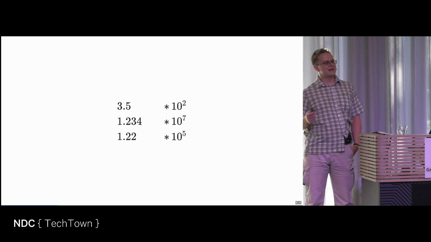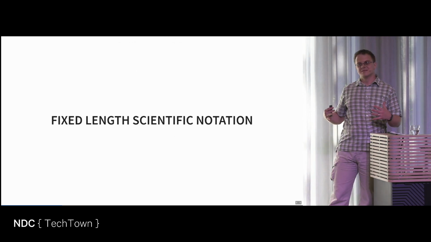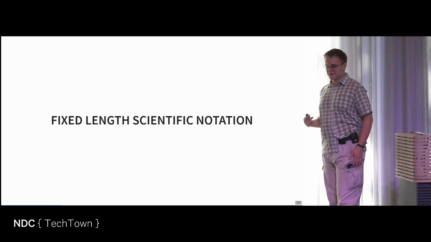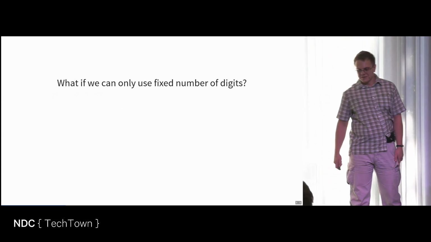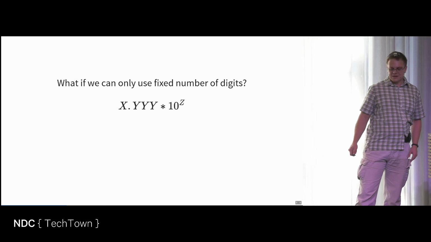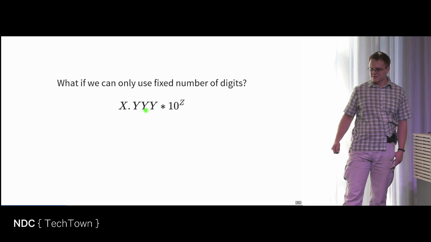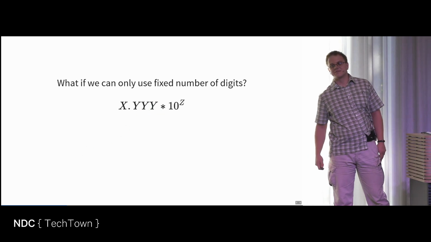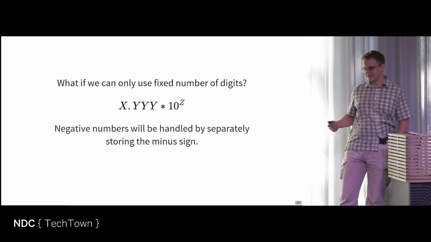Now, let's say that we said that we need fixed length stuff for hardware. So let's say that we actually say that scientific notation has to have fixed length. So we say, okay, we use some x.yyy, 1 digit before the decimal point, 3 digits after, 1 digit for the exponent. Well, and what about negative numbers?